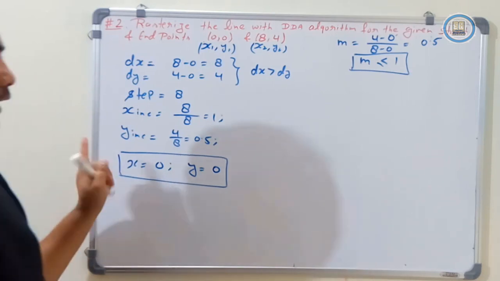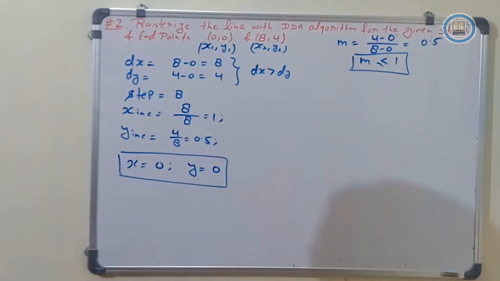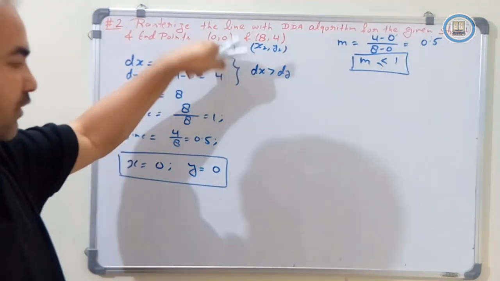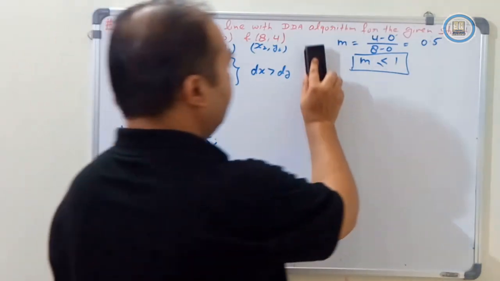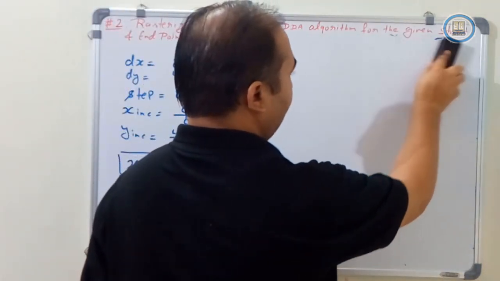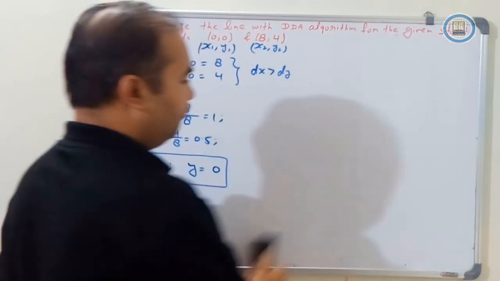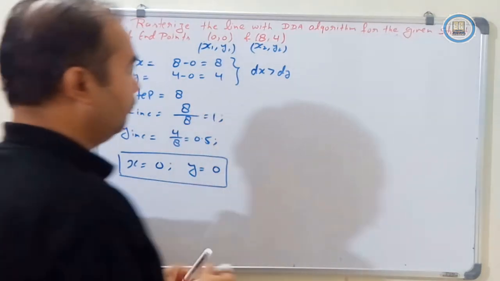We are following the guidelines of the algorithm. Because there is no need to round the values, we will get 0, 0. Now let us start the for loop, rasterizing the pixels for this line segment with the DDA algorithm.